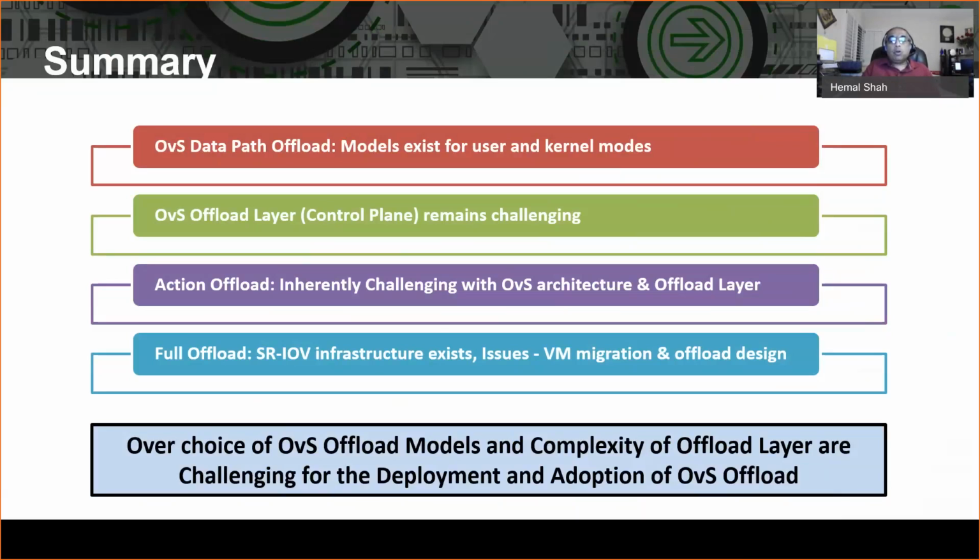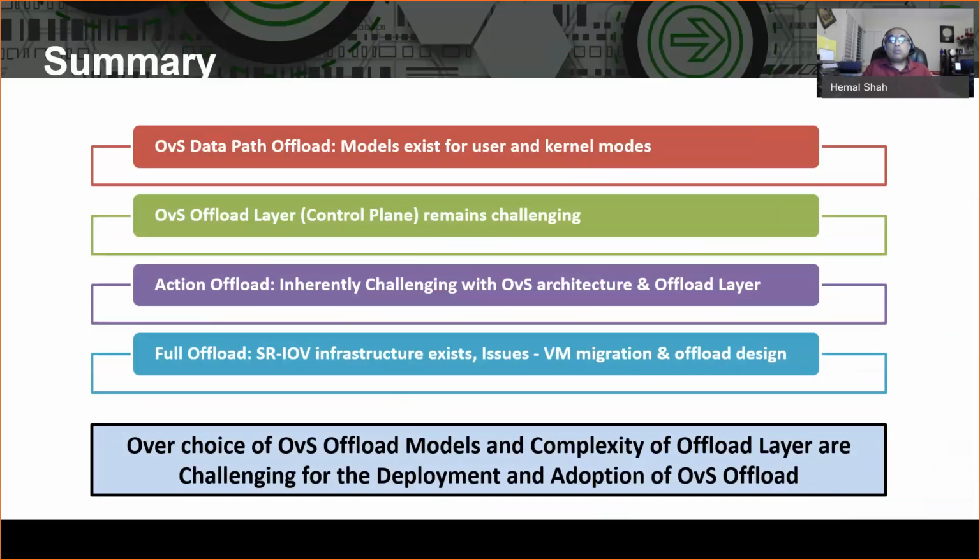And then for the full offload model, the infrastructure exists today, but there are issues with the offload layer design as well as with VM migration. So in summary, we have come a long way with OVS offload models, but with many models and the complexity of the OVS offload layer, the deployment and adoption of OVS offload still remains challenging.